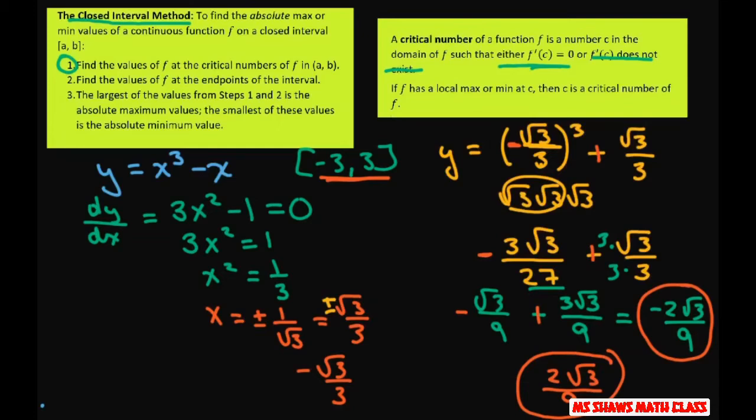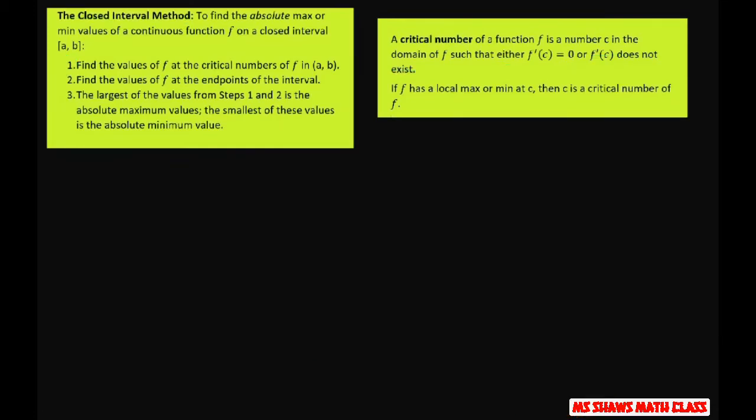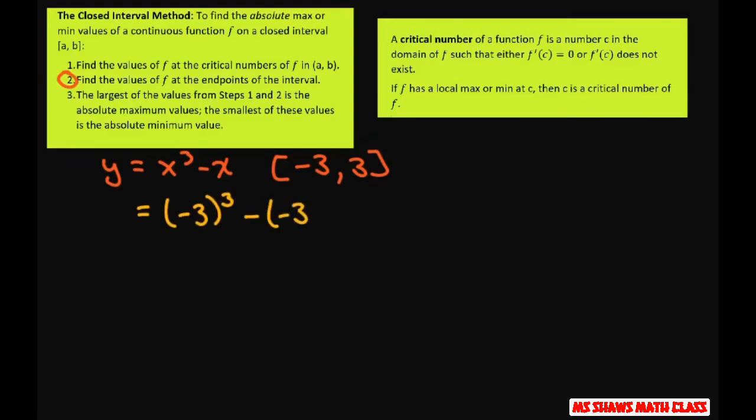Now we have to check the endpoints for step 2. So here's our problem. And our endpoints are -3, 3. So let's plug in our -3. So we're going to get -3 cubed minus a -3.